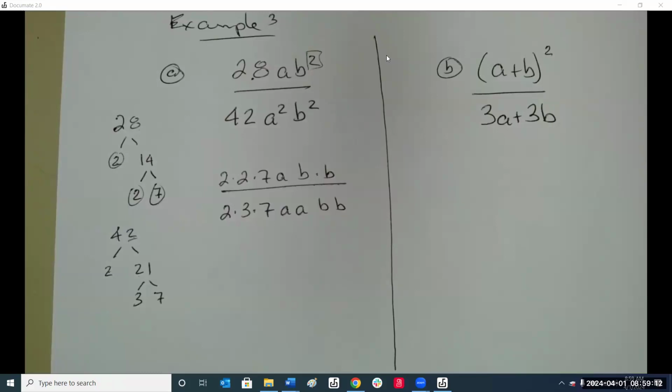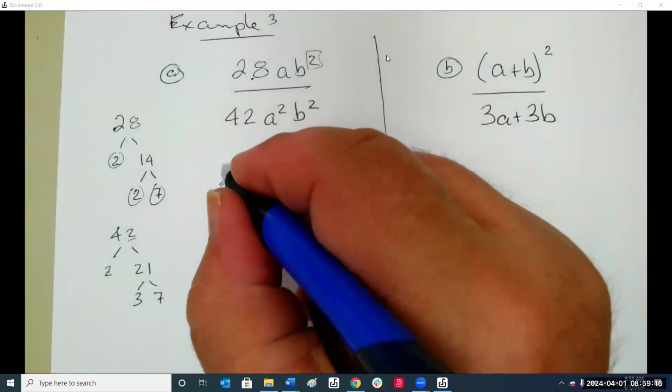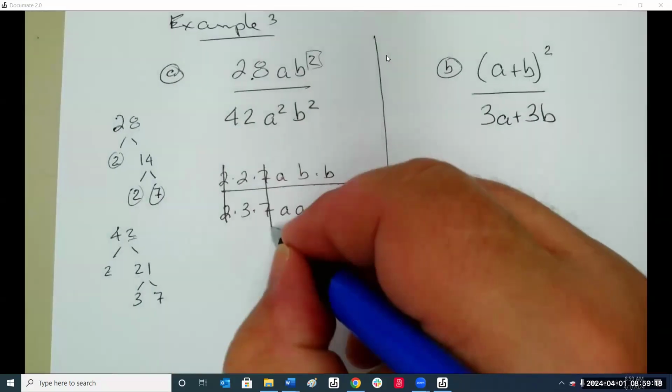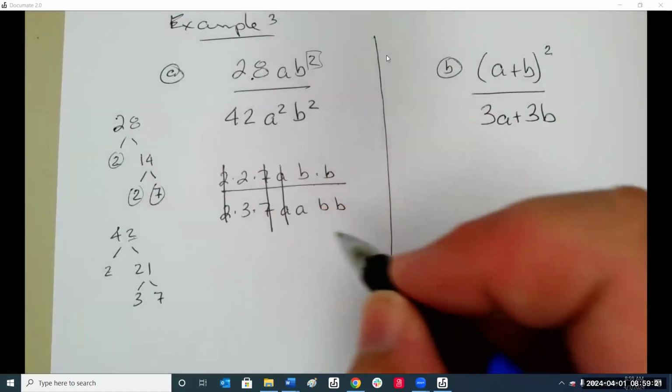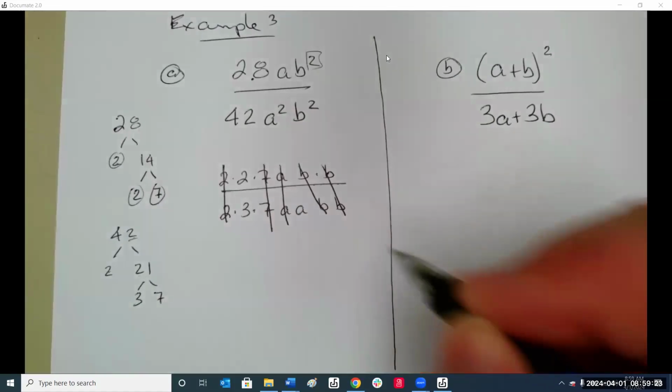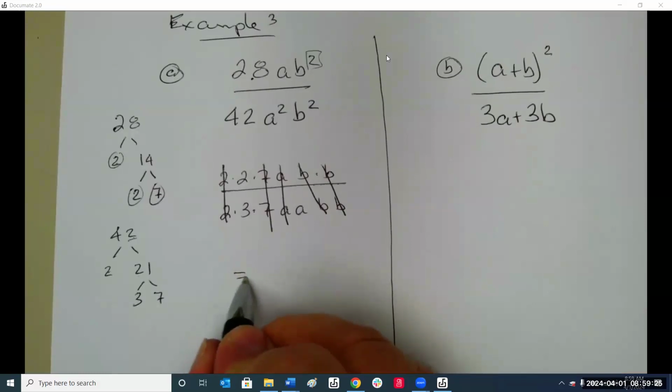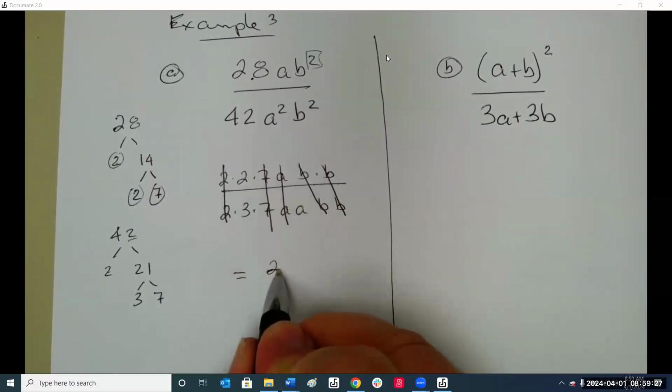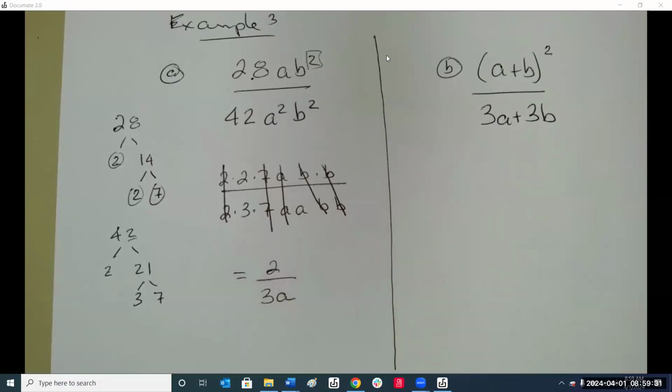Now we do what? Just cancel. So the 2 is the same, so that's gone. The 7s are the same. 1 A is gone, and both B's. So on top, I have a 2. On the bottom, I have a 3A.